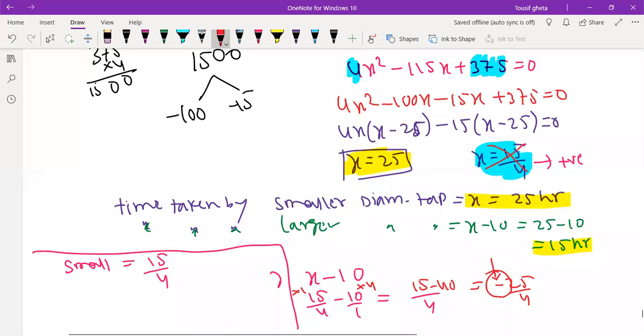So only this value we will consider, the one which gives both answers positive.